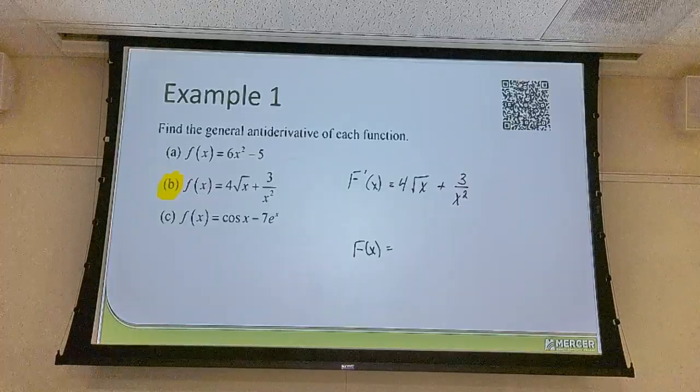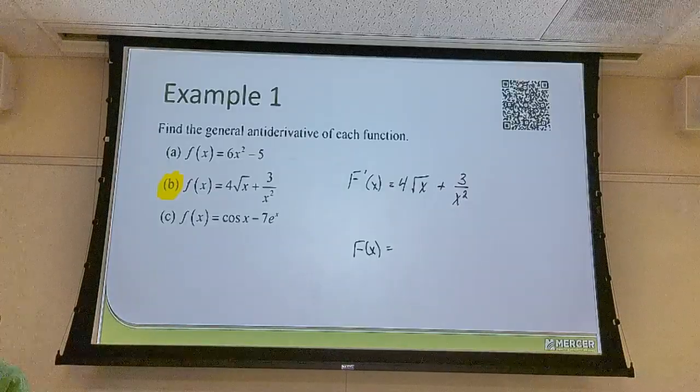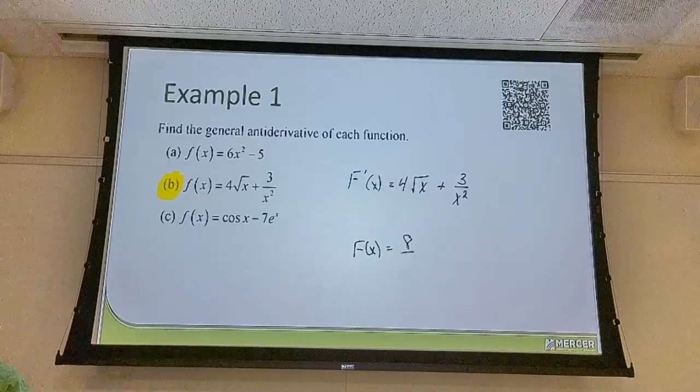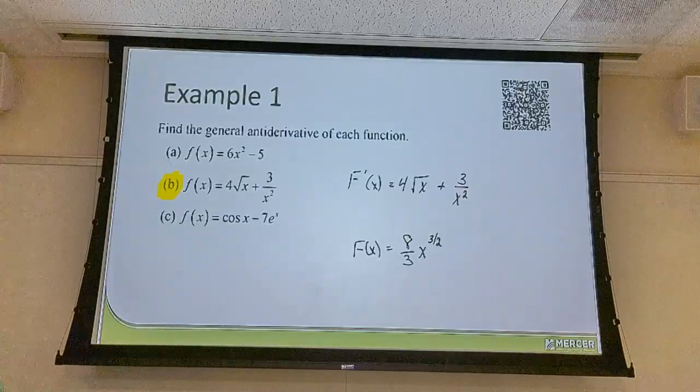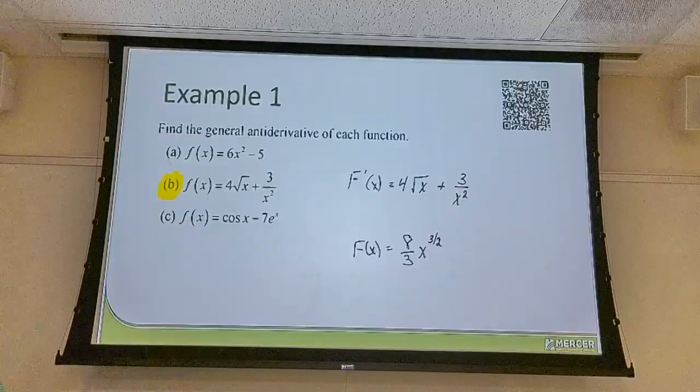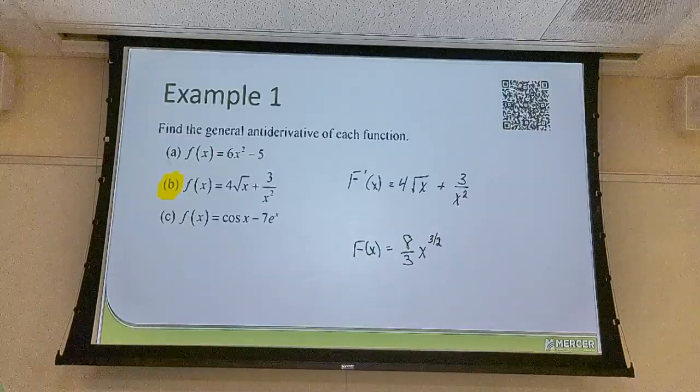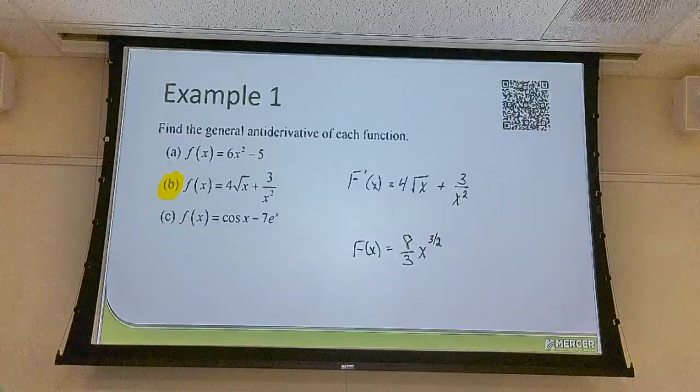Sounds right. Just take its derivative real quick. x to the 1/2, so you get the right power. Yeah, 3 over 3 is 1, 8 over 3 is 4. There's your anti.